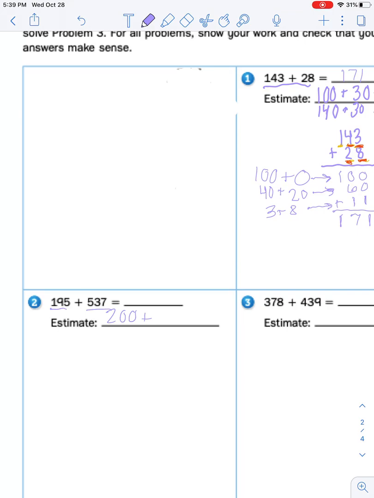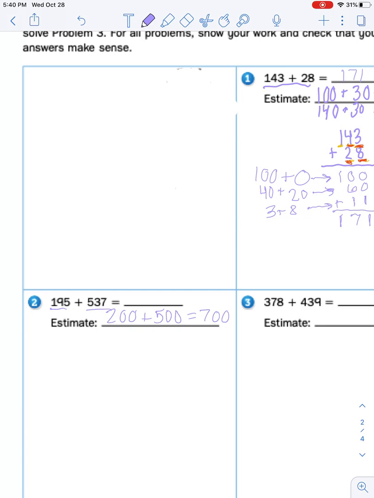So it doesn't matter if you're rounding to the tens or to the hundreds, whatever makes sense for you. I'm gonna put 500 because I like having nice even hundreds. So 500 plus 200 equals 700. So that's my estimate.